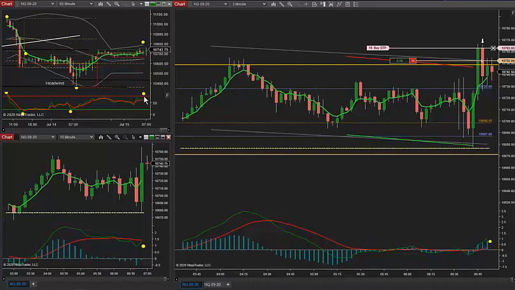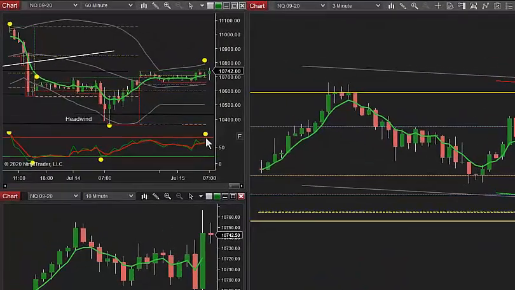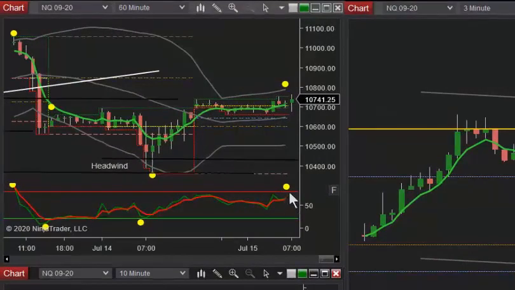I've got the 60-minute chart with RSI 5 overbought or oversold, and it's not quite there yet. And it's not quite at the upper Bollinger Band. A lot of times if I see price at oversold and at or beyond the lower Bollinger Band, or overbought and at the upper Bollinger Band, I'll know that that can act as a headwind for further movement up or down.